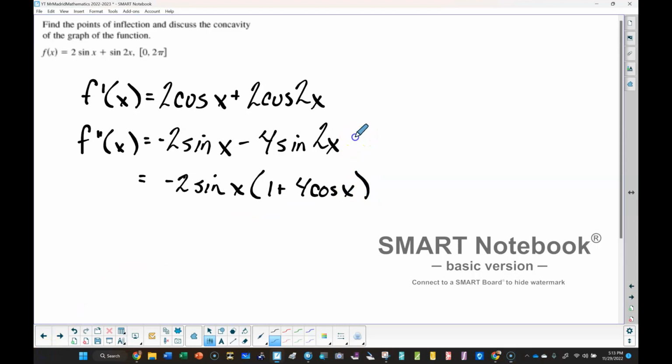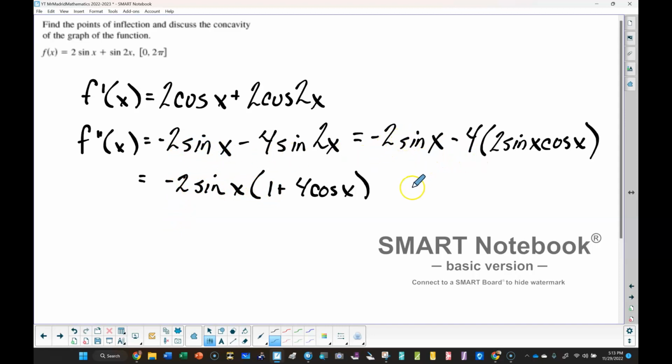Okay, if you're a little confused, look back at the double angle formulas in your formula chart on the trigonometry side, and this could be written like this. Okay, so if we go ahead and look at this, we can take out, factor it, multiplies to give us this.